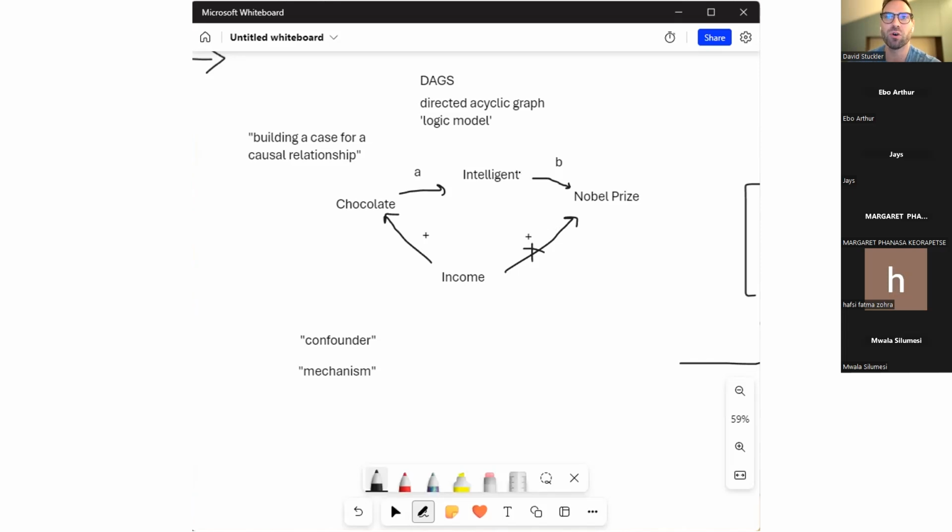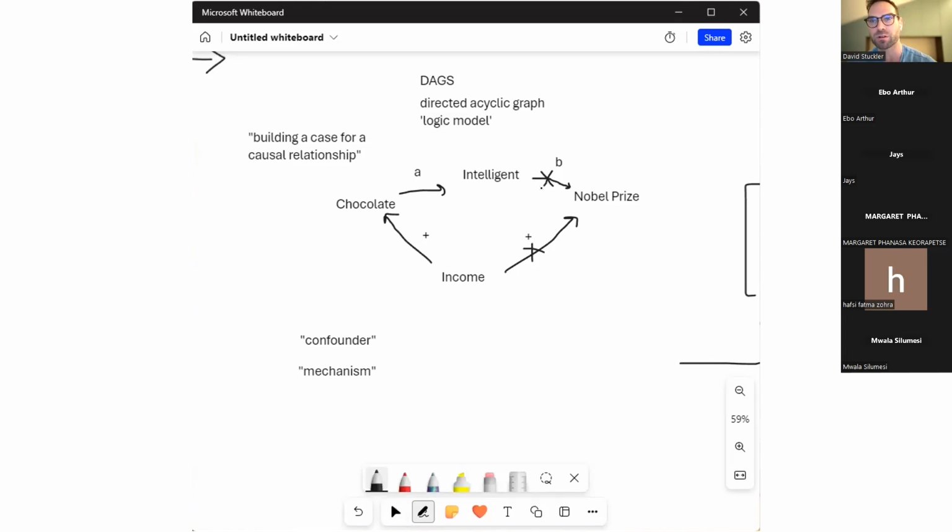But suppose now you hold constant intelligence and you block this pathway. And then they find, oh yeah, chocolate no longer causes Nobel Prizes, chocolate's not a real cause. Well, yeah, but you held constant its pathway, its mechanism. You blocked how it works. Of course you're not going to see that it has an effect anymore, because you blocked it.